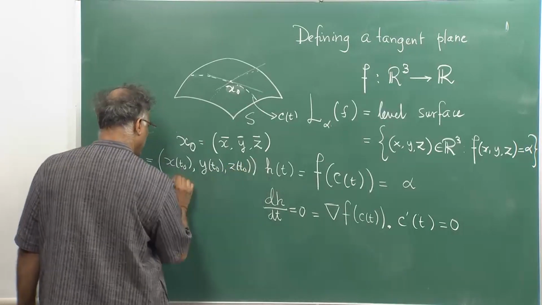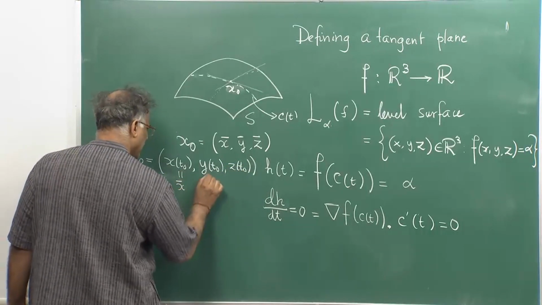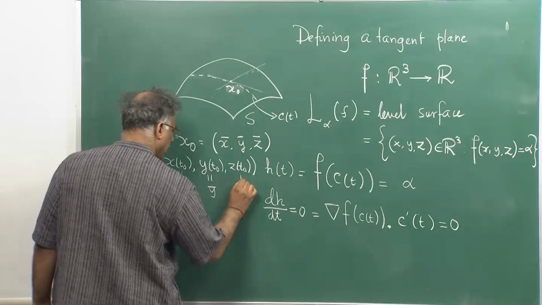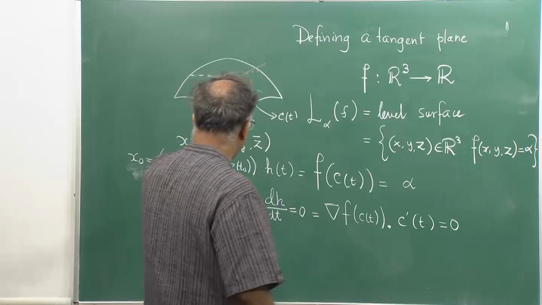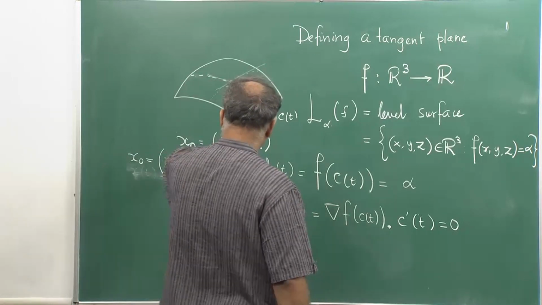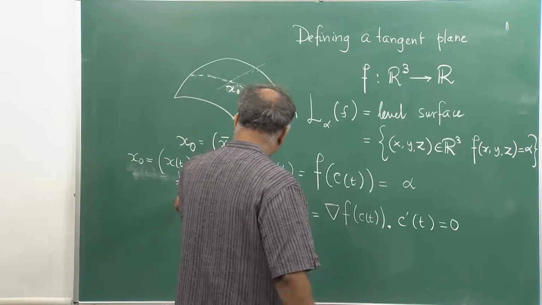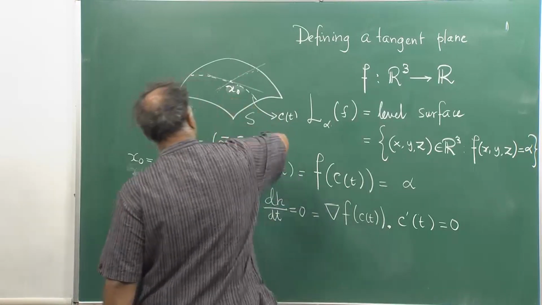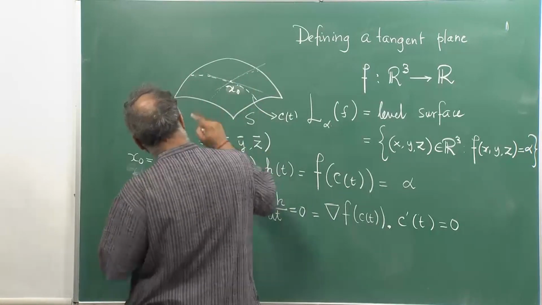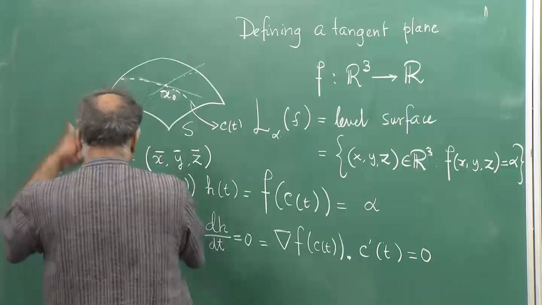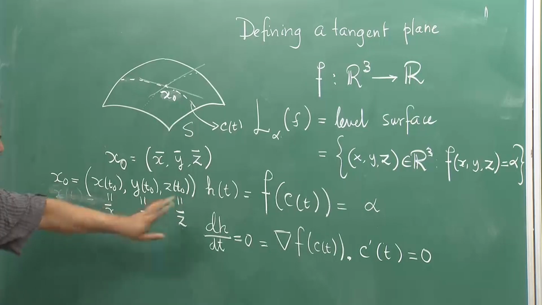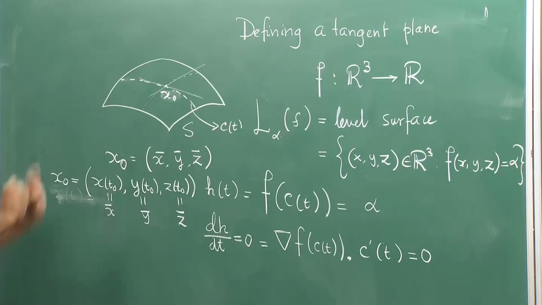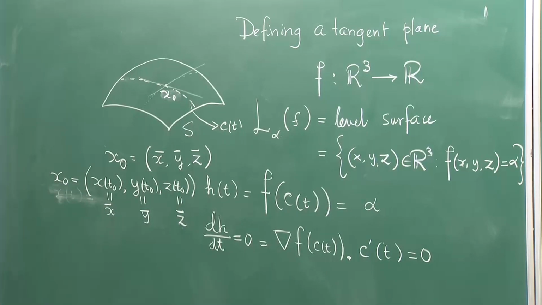So, this is your x bar, this is your y bar, this is your z bar. There is a t naught which corresponds to these values. If there is another curve C1(t), there may be some other point t naught dash, but x bar, y bar, z bar is the same point because it represents the same point x naught vector in R3.